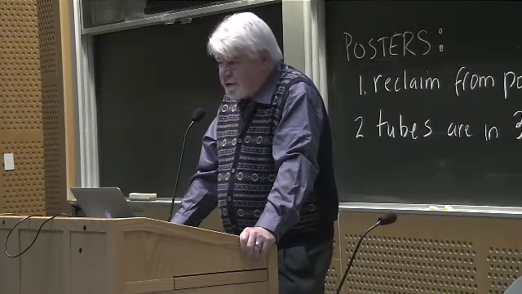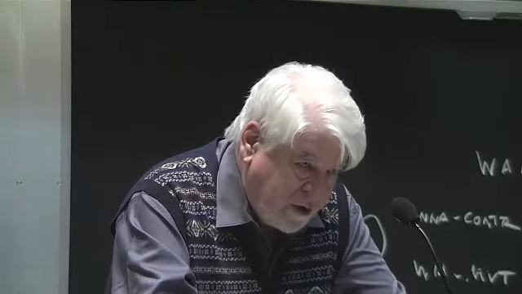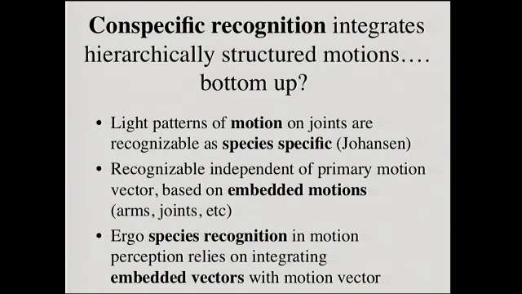But if you're a moose, you immediately recognize that it's a moose and not a dog. And if you're a dog, you recognize that it's a dog and not a rabbit. So there's a lot of built-in, or at any rate available, computational structure in the visual system. And the question is, how does that work? What I want to suggest is that it also works bottom-up.